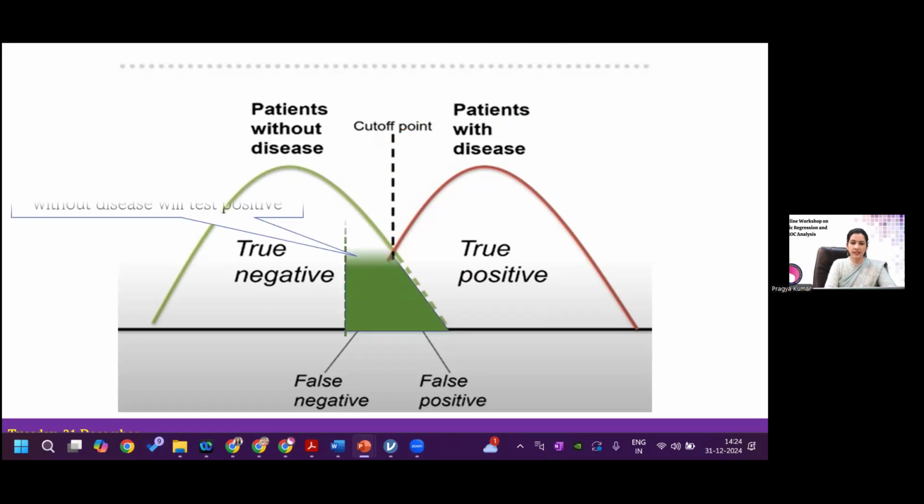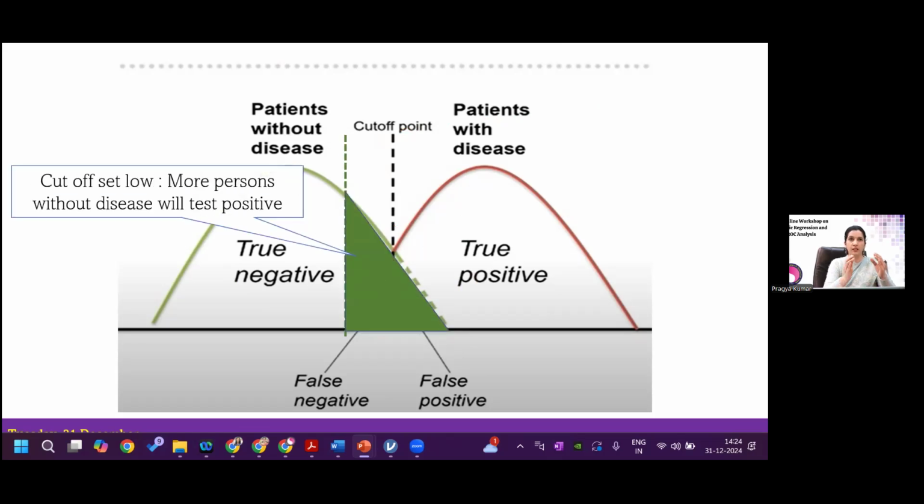But if I set the cutoff at a lower value, what will happen if you decrease your cutoff? There will be more people who are healthy, but we will be classifying them as diseased. So they will be false positive. Why? Because they are testing positive, but actually they are not positive.